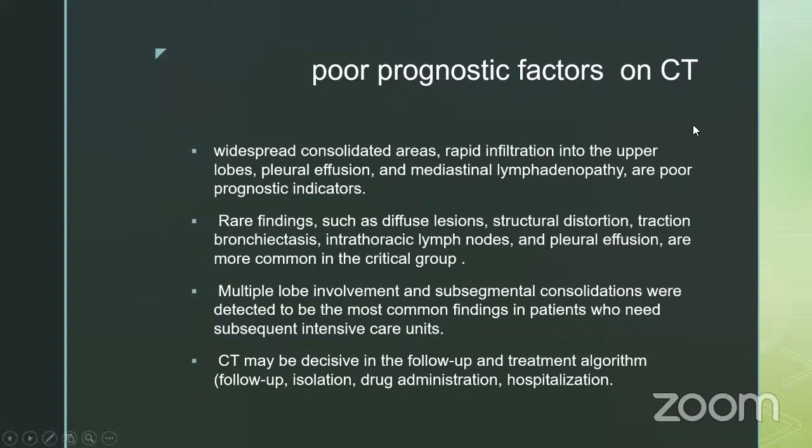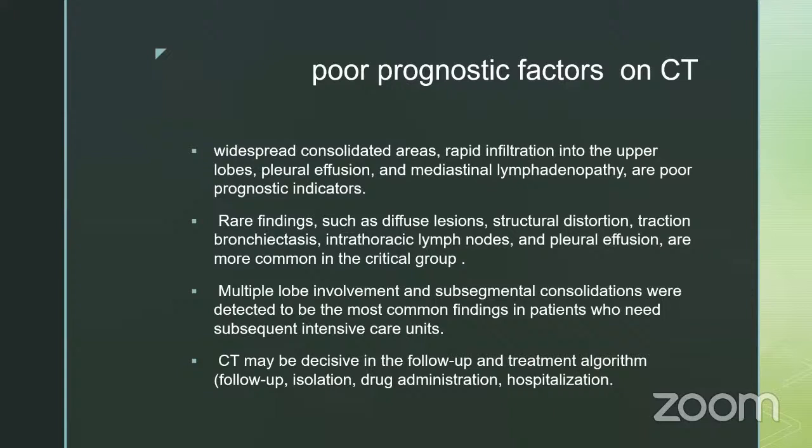There are certain poor prognostic signs on CT, such as widespread consolidation areas, that is, the surface area of the lung involved will be more than 50%. We have widespread consolidated areas, rapid infiltration into the upper lobes, developing pleural effusion and mediastinal lymphadenopathy.